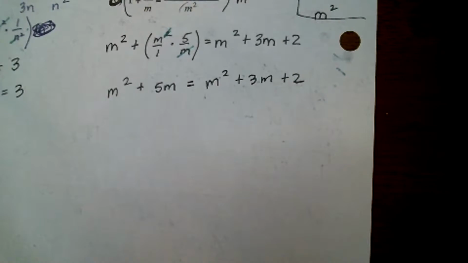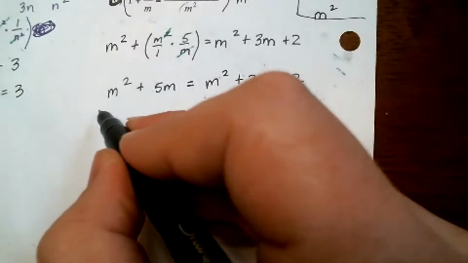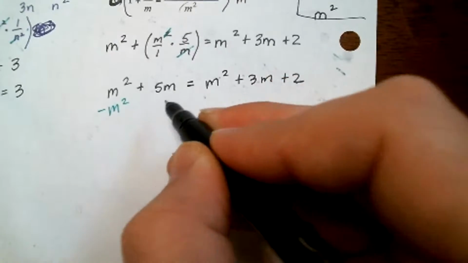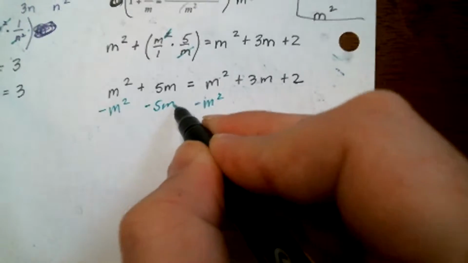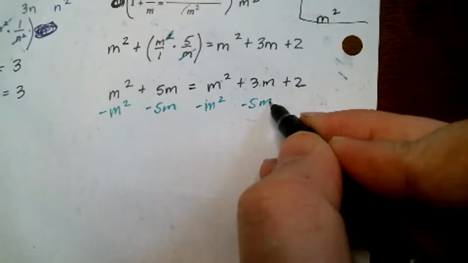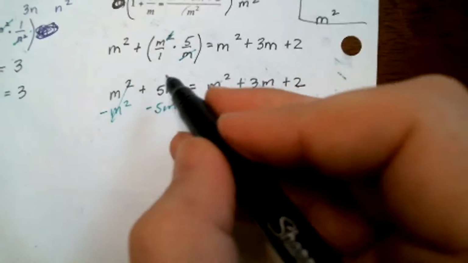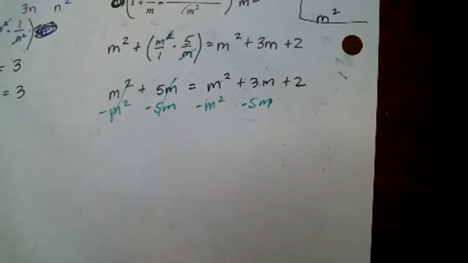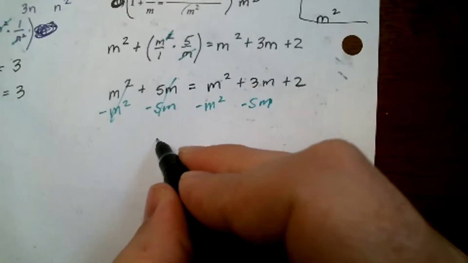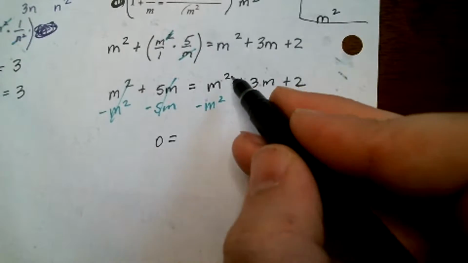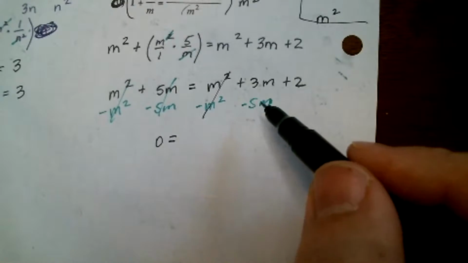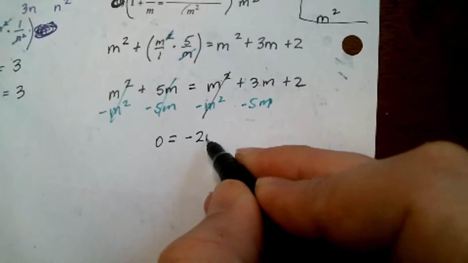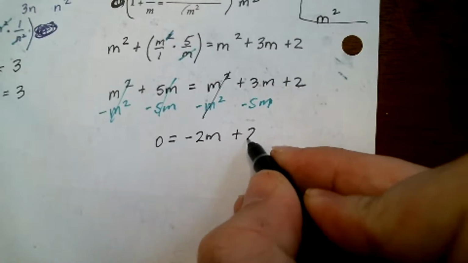All right, now let's subtract these two things over. So subtract m squared, subtract 5m. Just need to get it all to that one side. We know it's going to cancel, and give us 0 is equal to, actually those cancel as well. 3 minus 5m would be -2m plus 2.